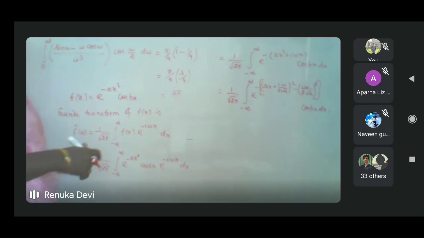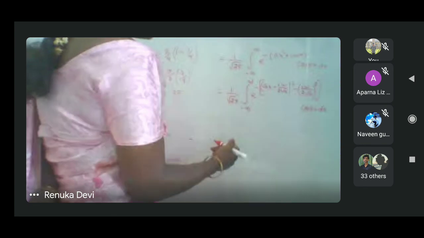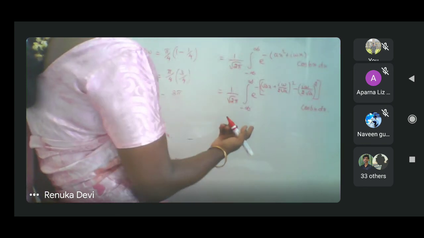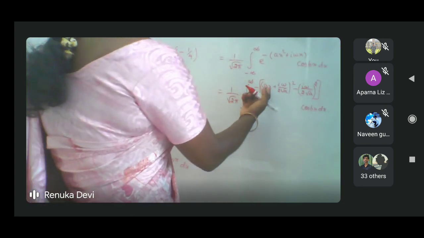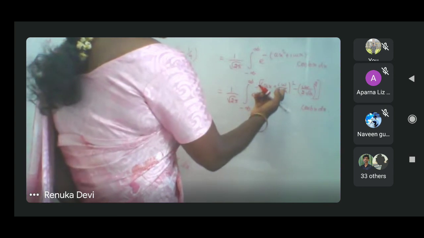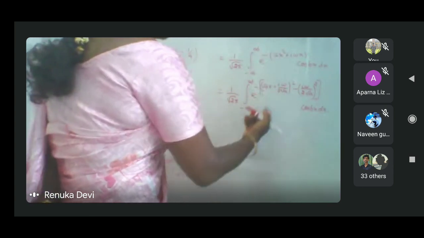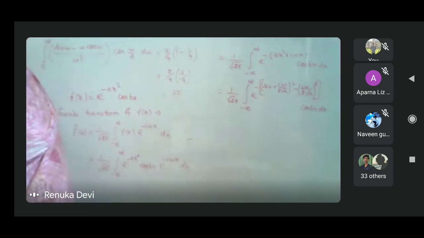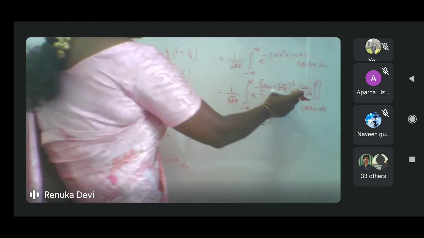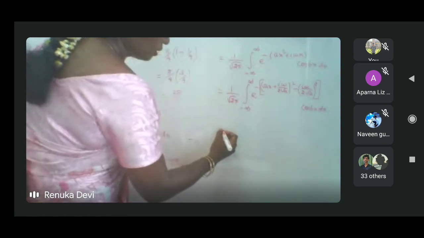So what do you get? This is a squared plus 2ab, this is plus, okay, right? So the square minus the square will get cancelled, and we are left with the two terms.